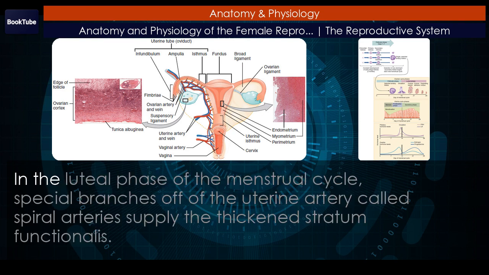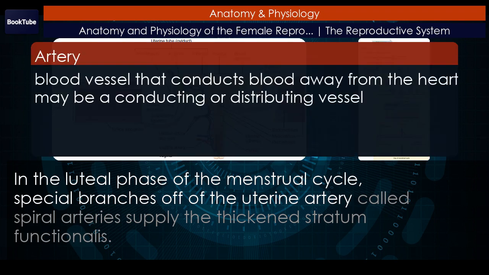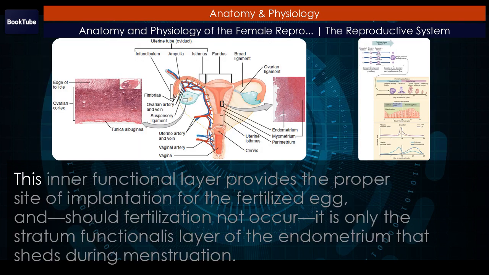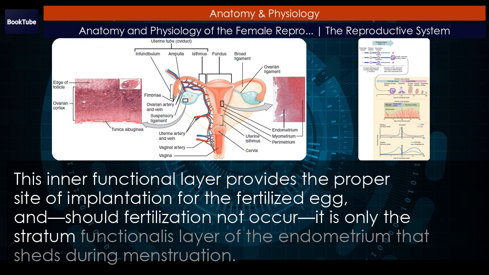In the luteal phase of the menstrual cycle, special branches off of the uterine artery called spiral arteries supply the thickened stratum functionalis. This inner functional layer provides the proper site of implantation for the fertilized egg. And, should fertilization not occur, it is only the stratum functionalis layer of the endometrium that sheds during menstruation.